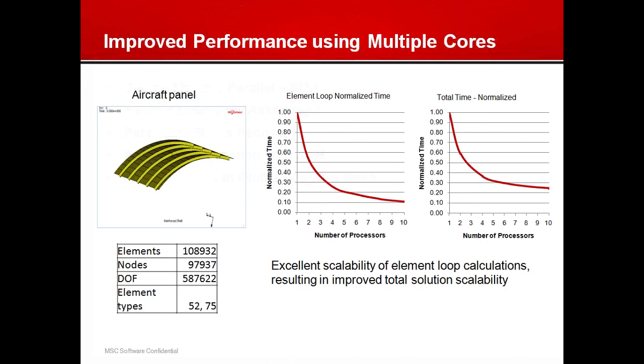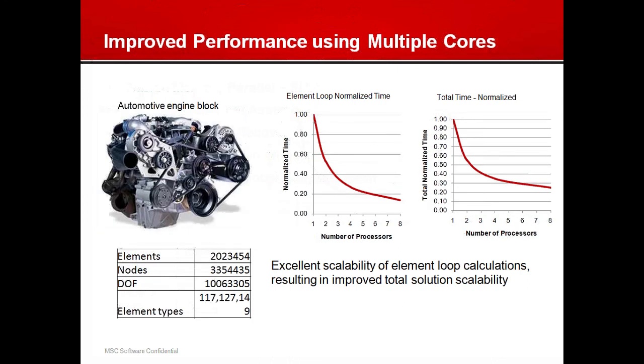So it's a dramatic improvement, and what it means is that we are really better utilizing the hardware of a modern computer. And a problem like an engine block, a much larger model, 2 million elements, close to 10 million degrees of freedom.